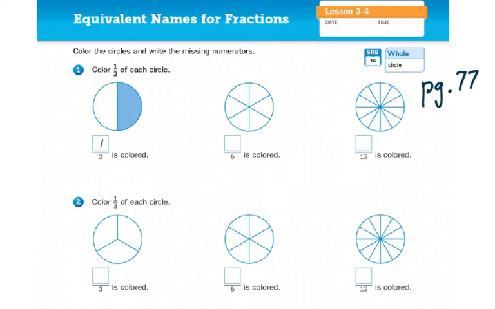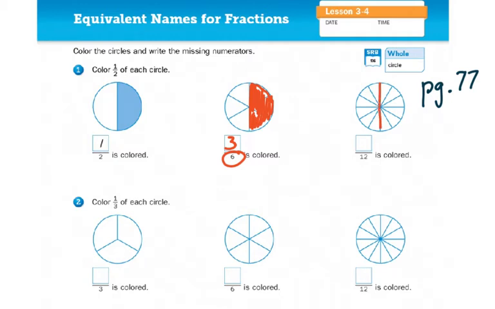Now what they've done is they've taken the circle and put it into more sections, all of them being equal. You are going to go ahead and color in half of it again. If you look, the bottom number tells me how many equal pieces that circle has been divided into, and we have colored in 3/6. So in other words, 3/6 is the same as 1/2.